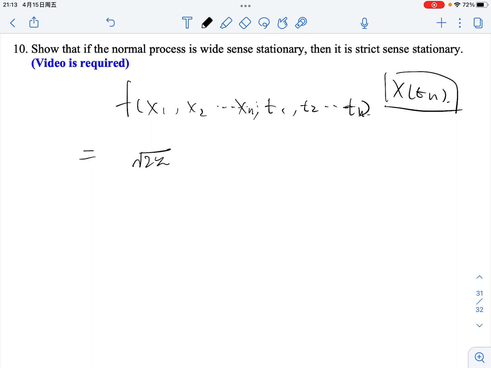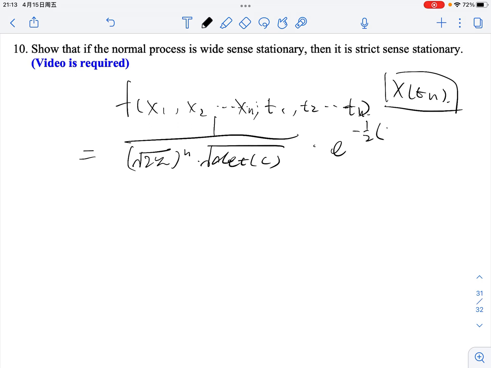The normal process could be represented as 1 over the square root of (2 pi) to the power of n times the determinant of the covariance matrix for the multivariate Gaussian process, times e to the power of minus 1/2 times (x minus eta) transpose times the inverse of the covariance matrix times (x minus eta).